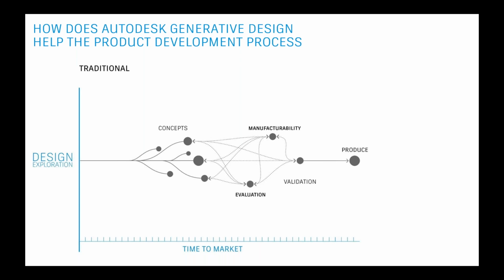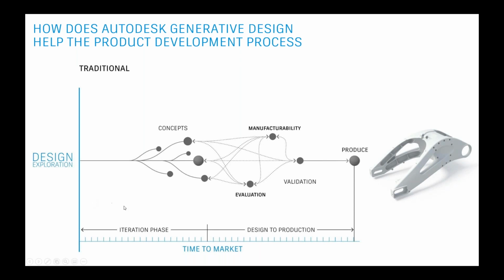Some people might come into this meeting and say, well, we can't use this material because it's too expensive, or you might have somebody from production, perhaps one of your machine operators, who says, this isn't really manufacturable the way it's designed. It's designed, but we can't manufacture it. So you go back and forth, right? And you test out these different concepts until you come up with one that can be validated and ultimately produced.